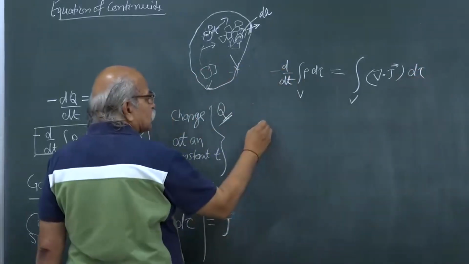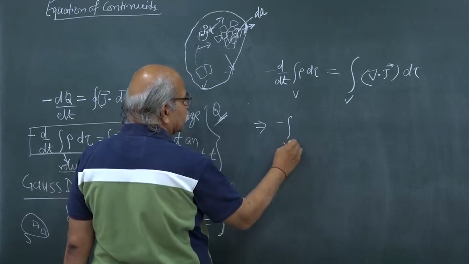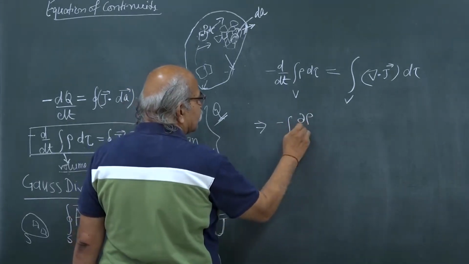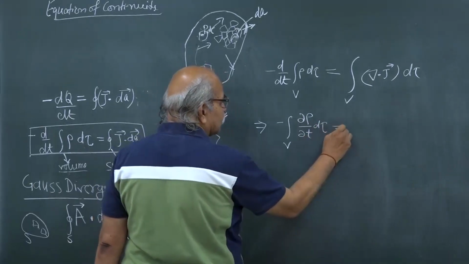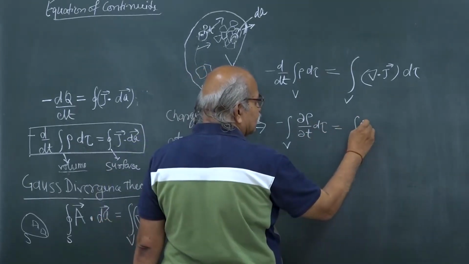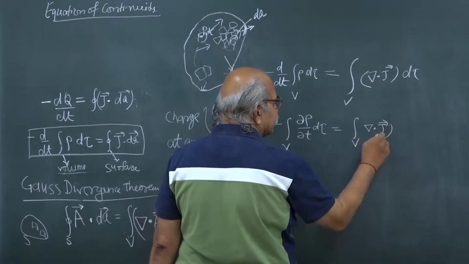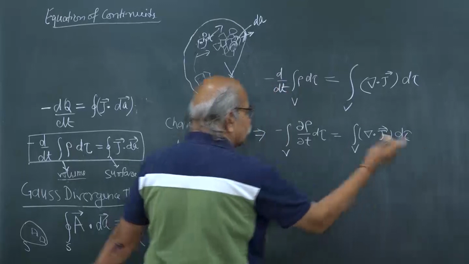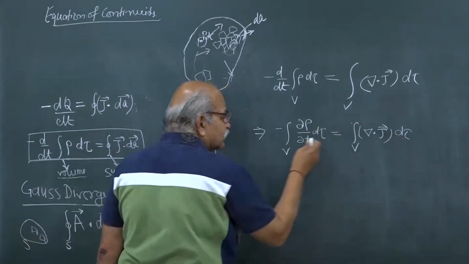like this. So this you can now write as minus integral over V of del rho del T d tau is equal to the integral over V of divergence of J d tau. And now this is the same volume here, the same volume here, d tau here, d tau here.